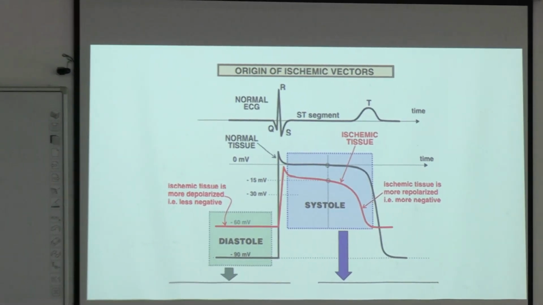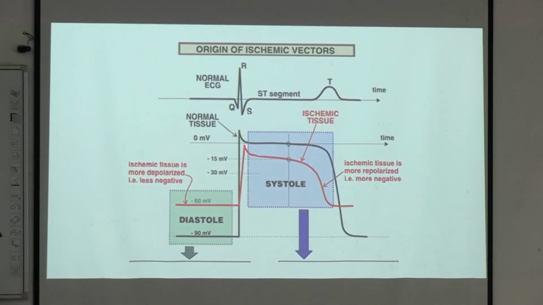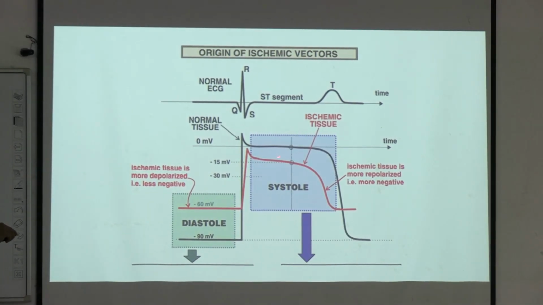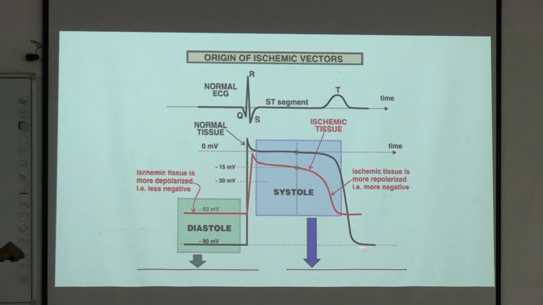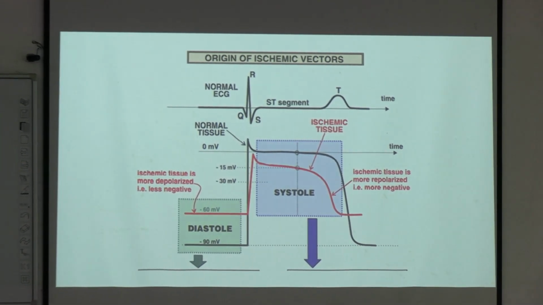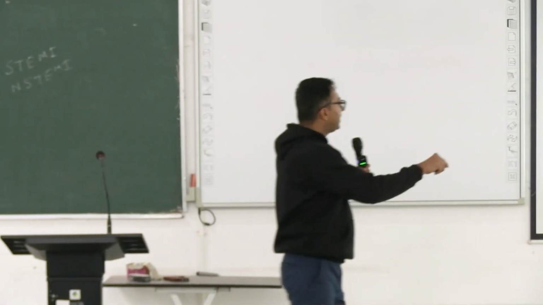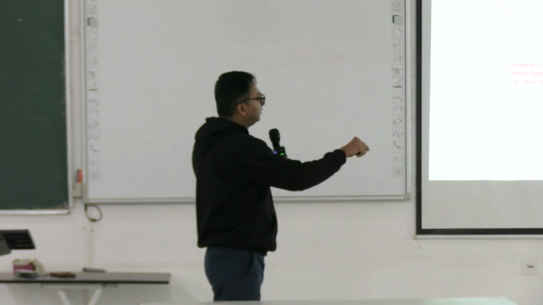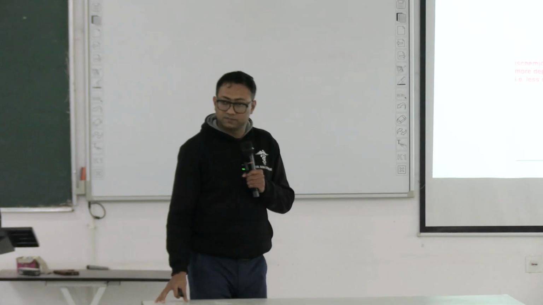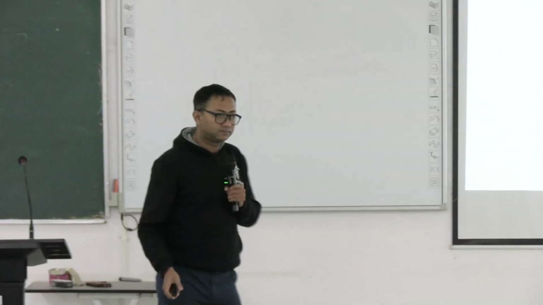First of all, it is not coming back after firing the action potential to minus 90 millivolt, which is the resting membrane potential of a cardiac myocyte. Somewhere around minus 60, it gets a new resting membrane potential. Clear? And that is abnormal.